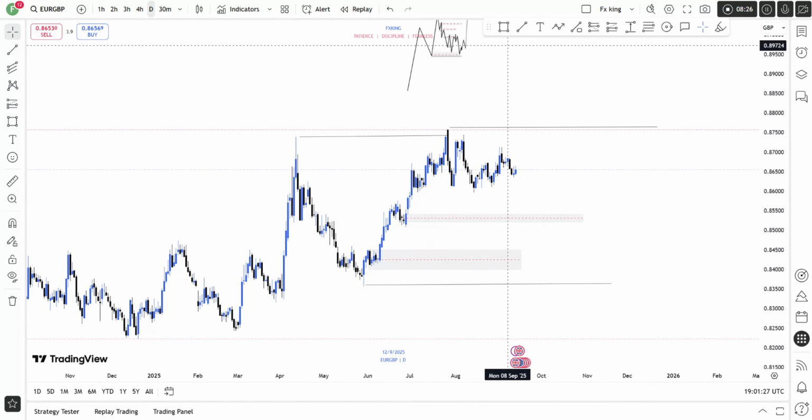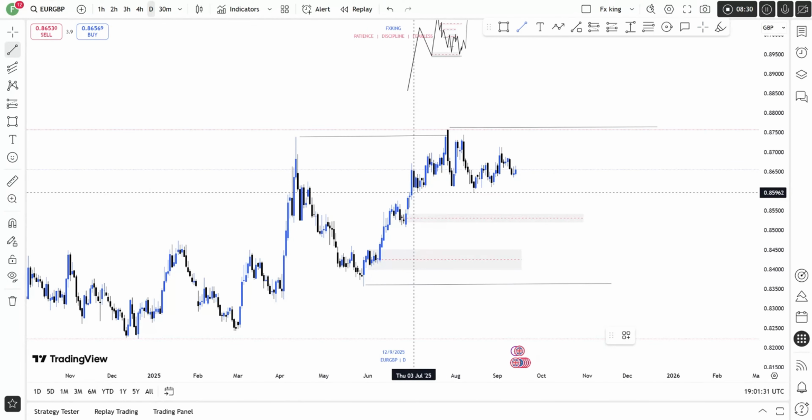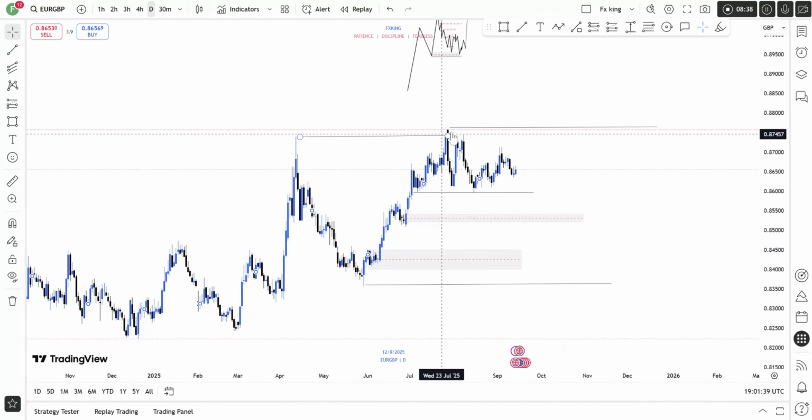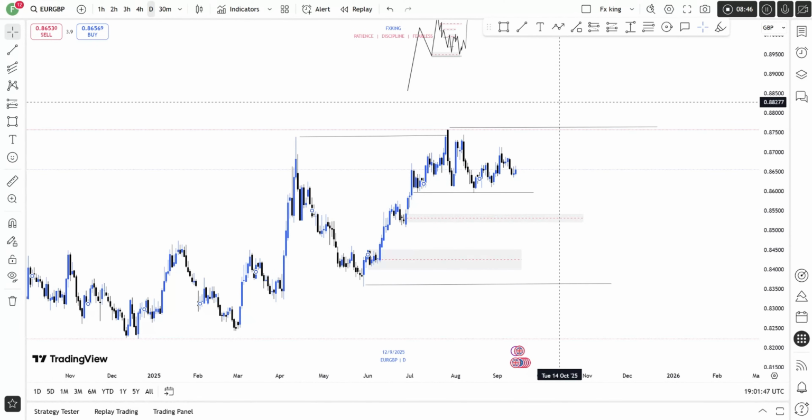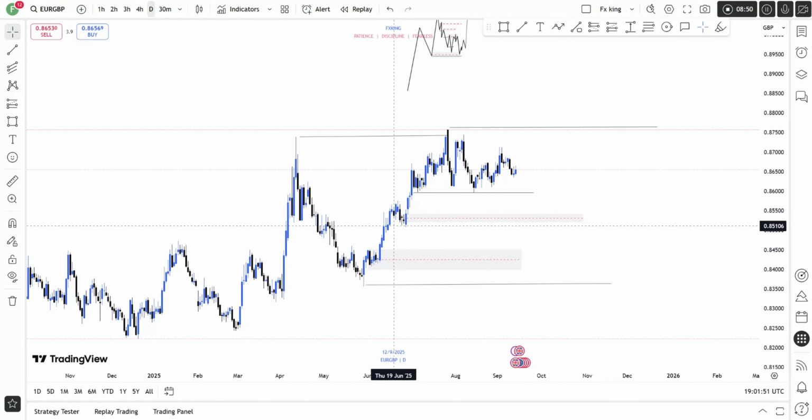Also, inside this range, I can see this pool of liquidity here. So I've already gathered that this market at least will drop down to this zone before it goes to create the next break of structure. That one is already identified.